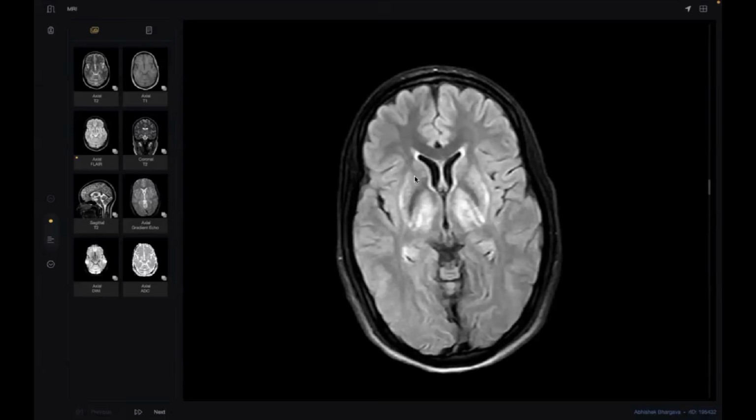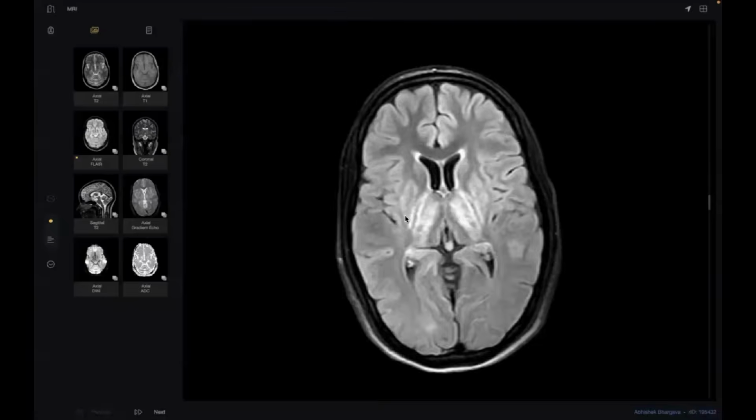Why? Because in Wilson disease, this is the basal ganglia, consisting of the caudate nucleus and the lentiform nucleus. Wilson likes the outer part, the globus pallidus and the putamen, the outer part here and here.